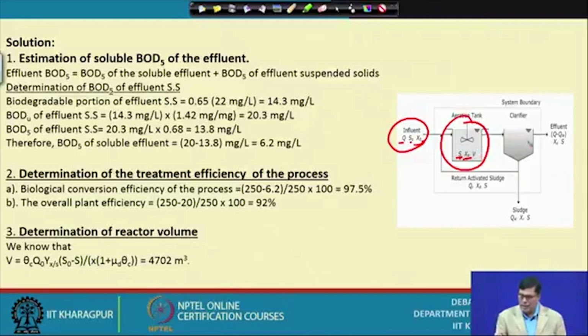Then it goes to the clarifier or separator, where we separate the cell mass, and the settled cell mass concentration is XU. It is recycled back to the reactor like this, and the effluent is coming out like this, and this is the wasting flow rate of the sludge. XR is given. This will be XU. We will be using XU.